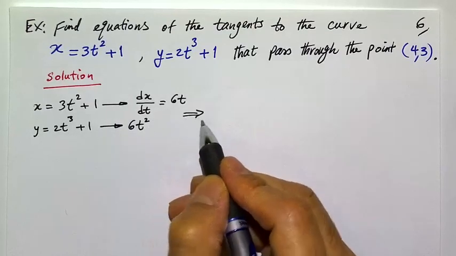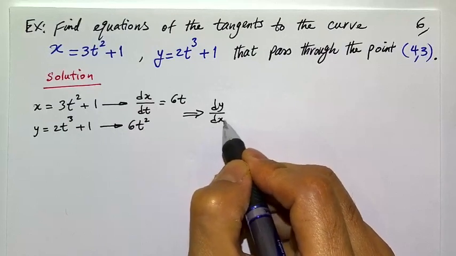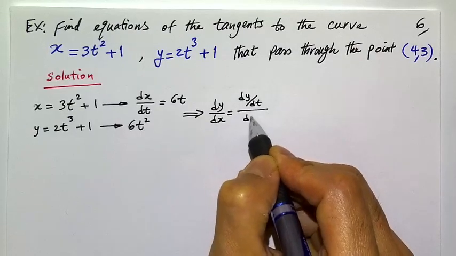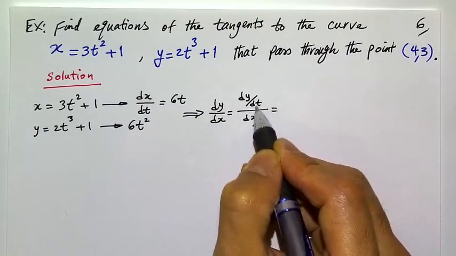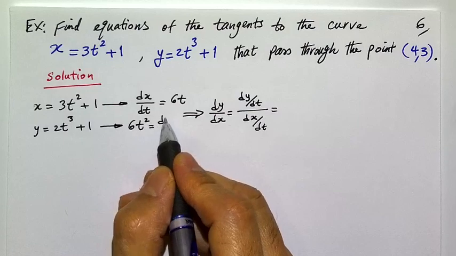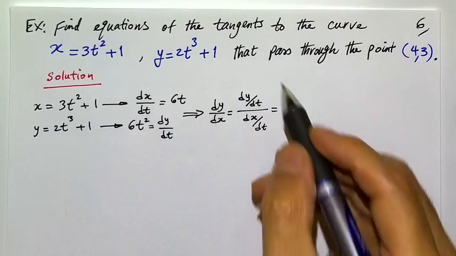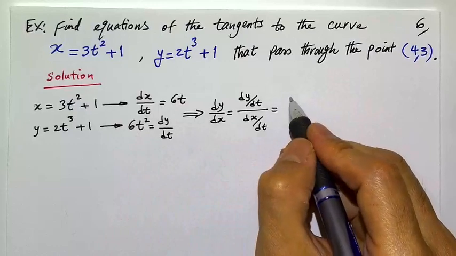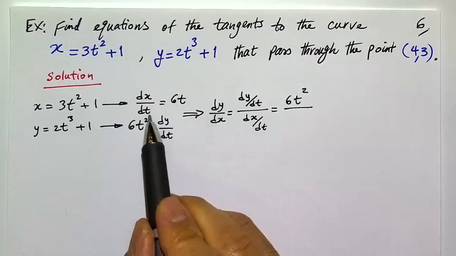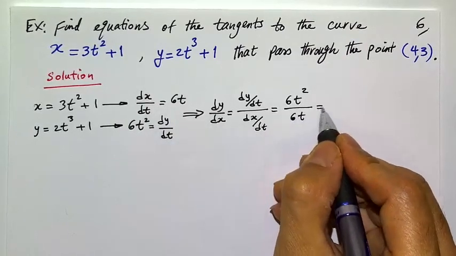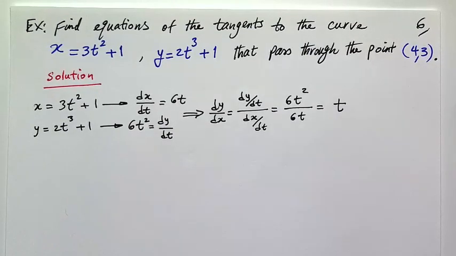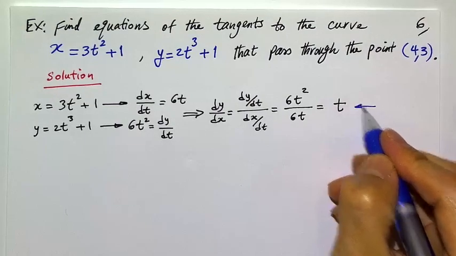And then dy dx, or the slope, is given in terms of dy dt divided by dx dt. Oh, wait, I forgot to write dy dt here, sorry. So dy dt is this expression, 6t squared, divided by dx dt, which is 6t. So this expression simplifies to just t, right? And this is the slope of the tangent line.